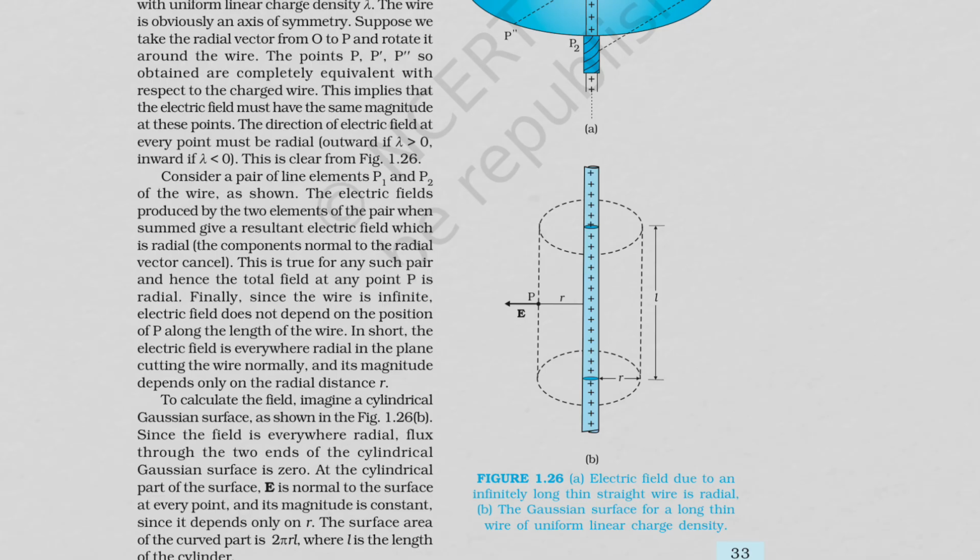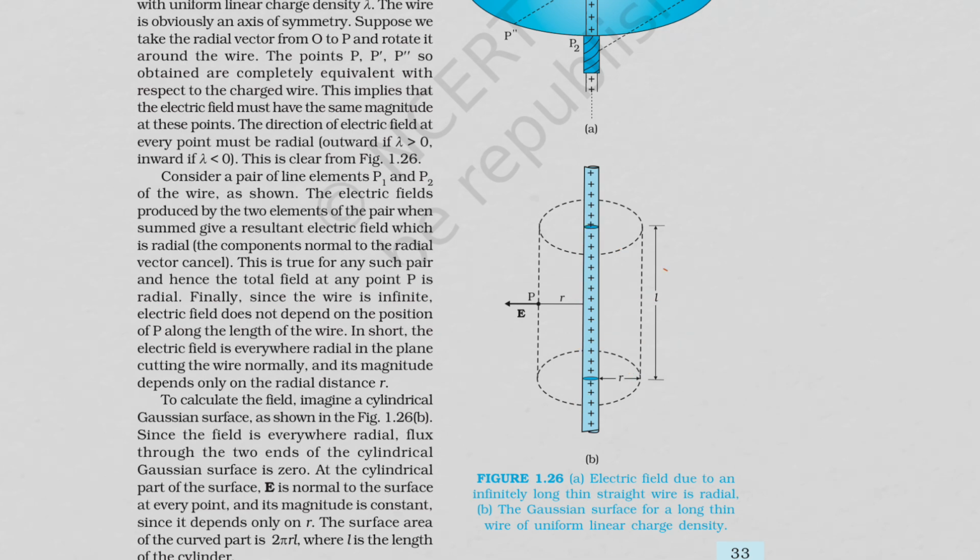This wire is very long. Suppose I have to find the field at a point here, it will give this direction; at another point it will give another direction, and so on. So the electric field due to given points on this charged wire will give several electric fields in different directions, and then we have to do the vector sum, so it becomes so tedious. That's why Gauss's law makes it so easy, and we are going to apply it now.